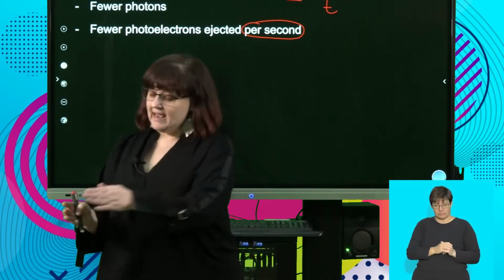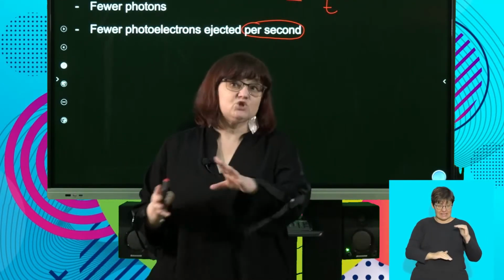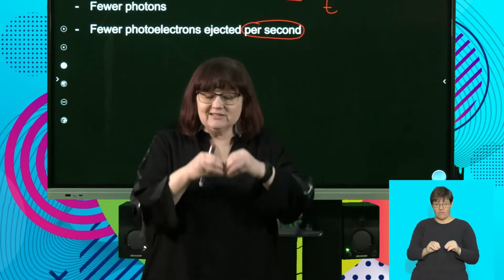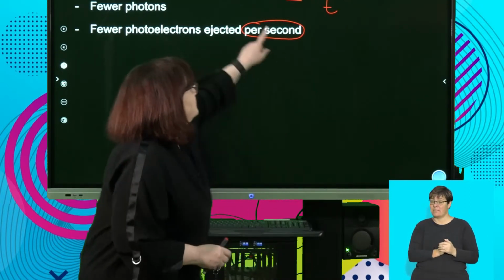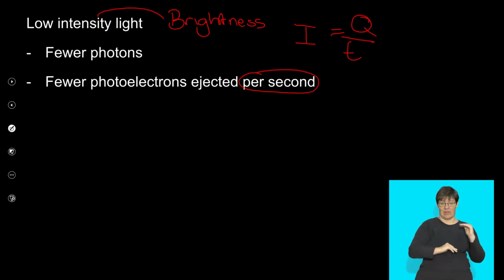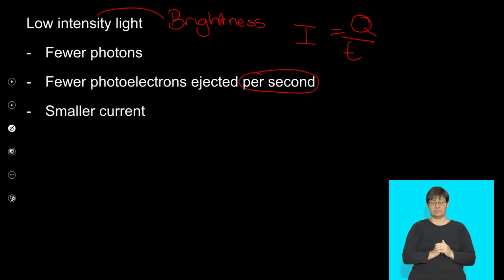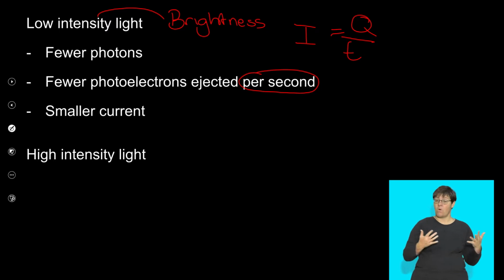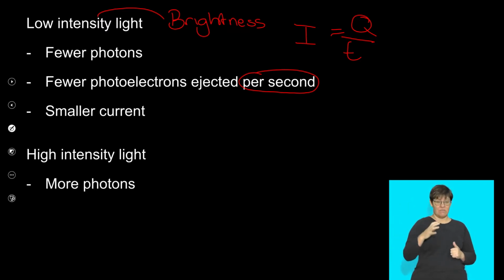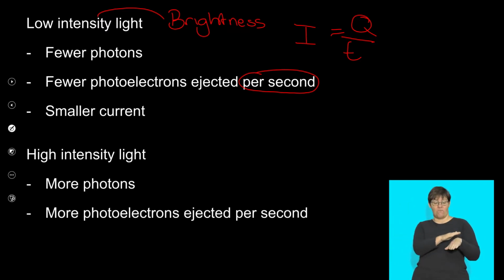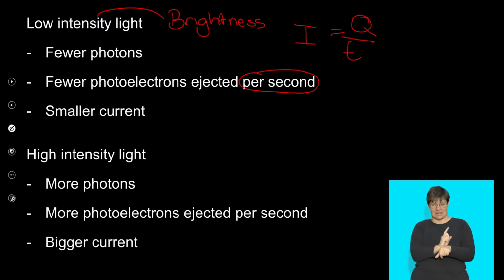So if we have less charge moving per unit time, current's going to get smaller, okay? Smaller current. If we have a high intensity light, that means it's much brighter. We're going to have more photons, which means we're going to have more photoelectrons ejected per second. We're going to have a bigger current. These are good ways to explain these questions when we get there.